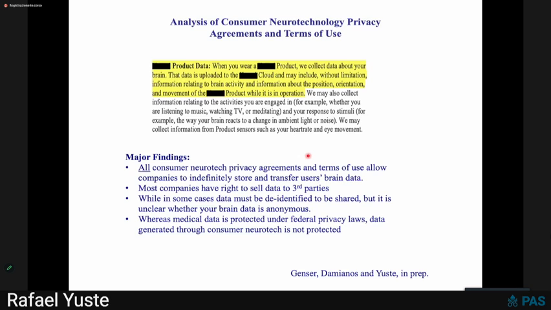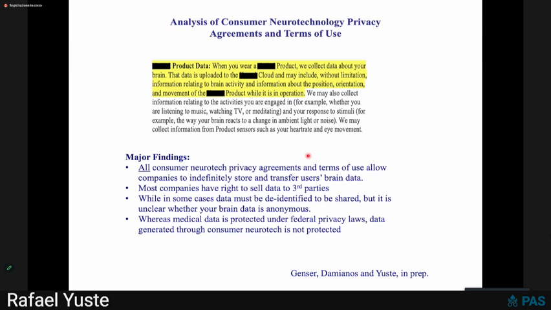And the conclusion that we drew is that from the 30 companies that we studied, in every single case, the user gives the company complete rights to his or her neural data. And that means that the company can do whatever they want with it. They can decode it, they can destroy it, and in most of these consumer user agreements, the user gives the company the right to sell it to a third party, which by definition legally is not bound to the consumer user agreement.